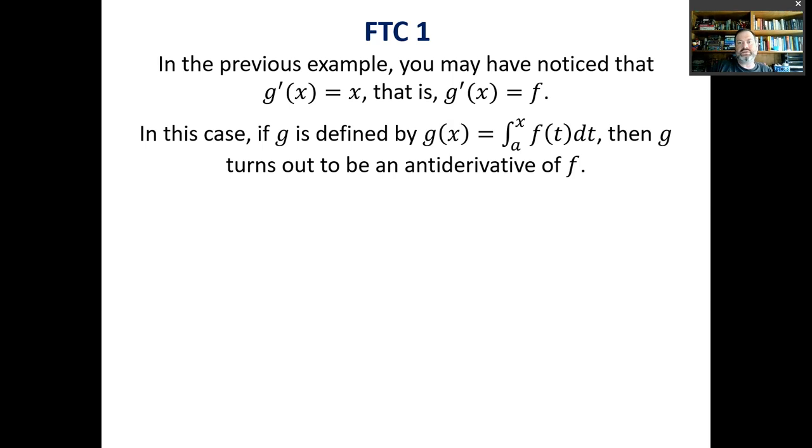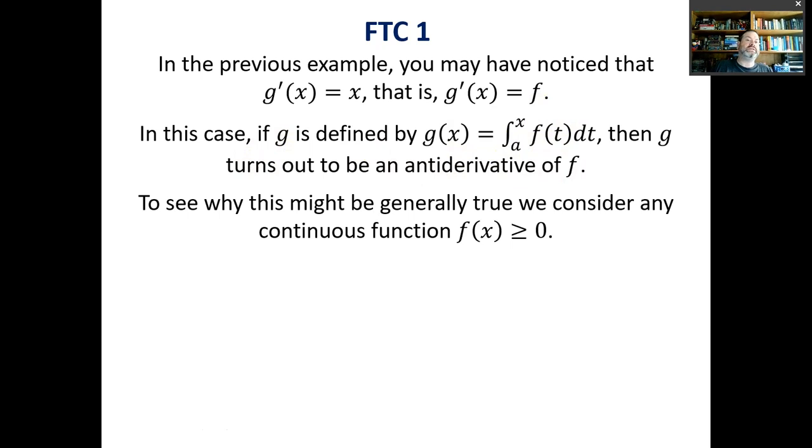So I just call it FTC1. So the idea here is that in the previous example, we had g prime of x equals x. So that was actually our function, right? And so g is defined by this expression, and that expression just happens to be an antiderivative.